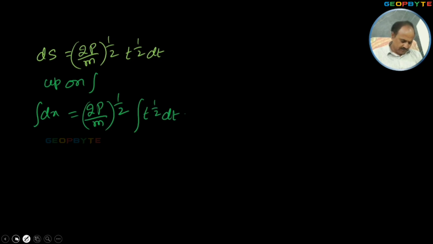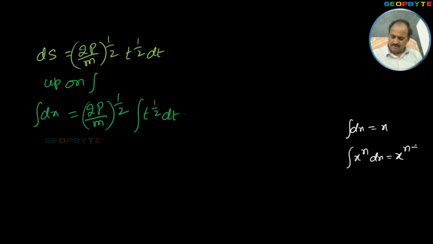As we all know, integral dx equals x. Similarly, integral x power n dx equals x power n plus 1 by n plus 1. Simple mathematics. Integral dx I can write as x, but here ds.